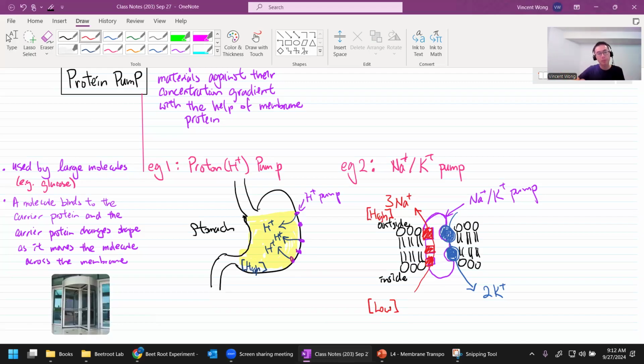So the pump keeps on sending more and more sodium out. Similarly, if you keep on bringing potassium in, you will have low potassium on the outside and high potassium on the inside. And this process of continuously transporting both of these things against their concentration gradient requires ATP.